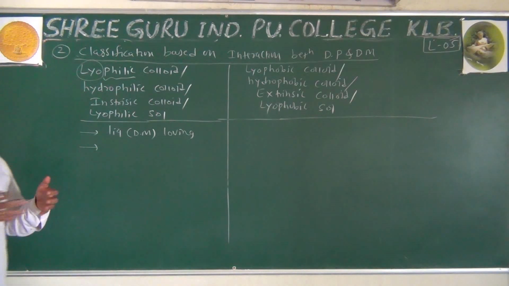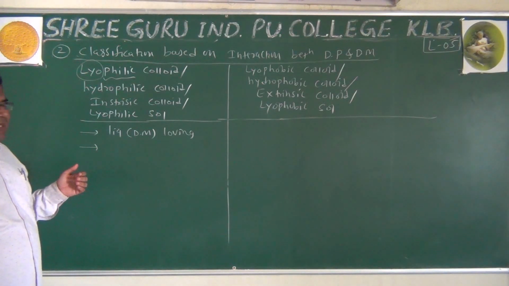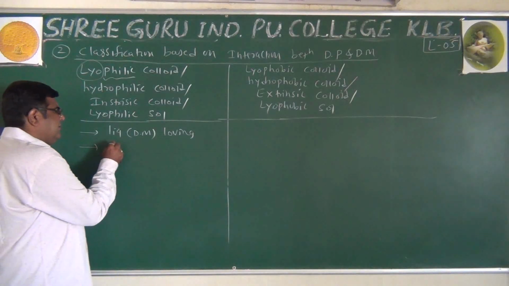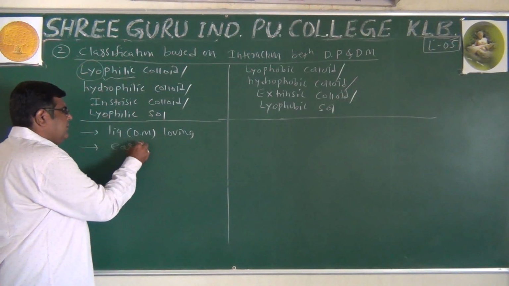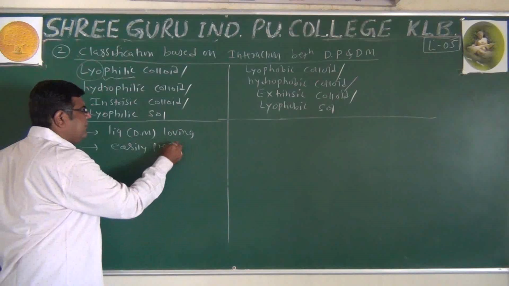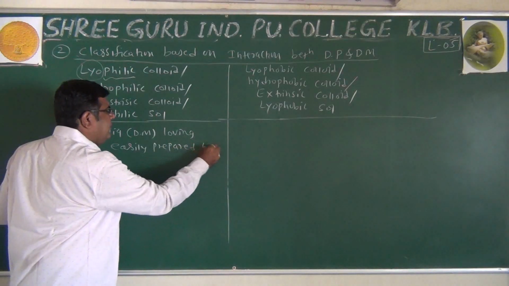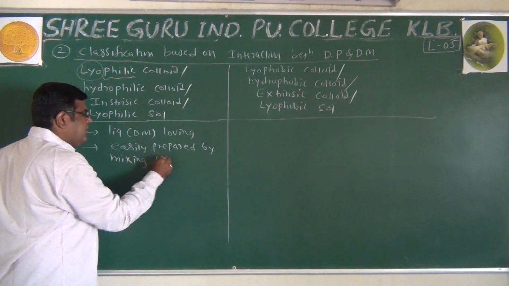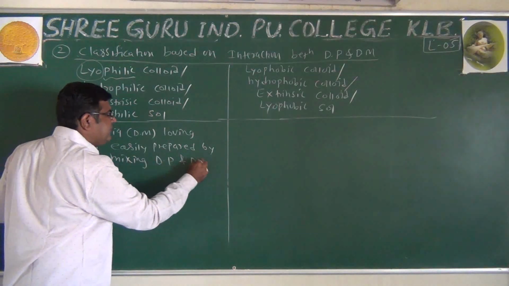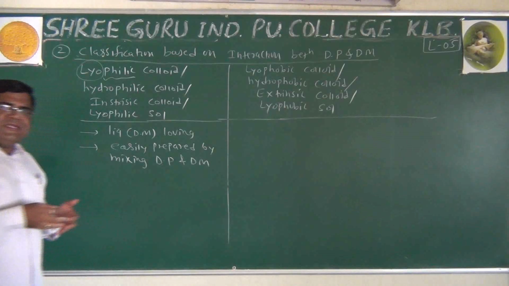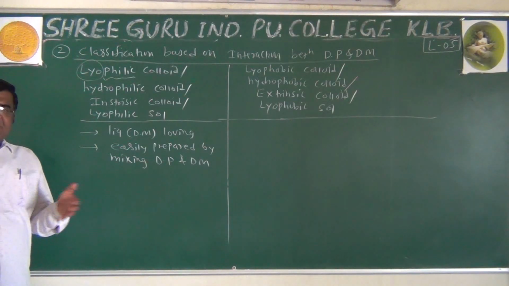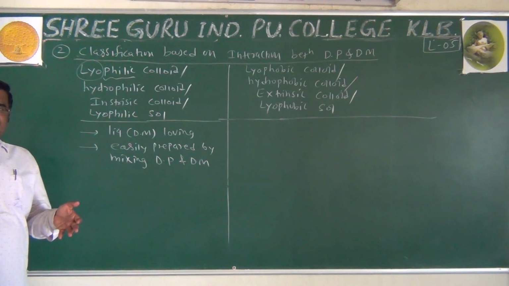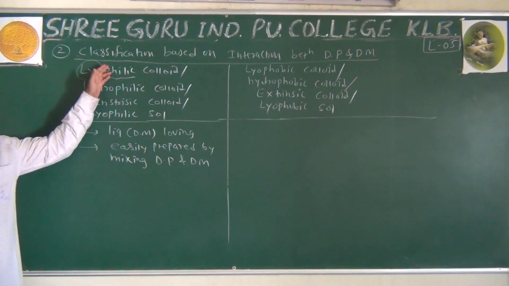As DP and DM have attraction, we can say that they are easily prepared by mixing dispersed phase and dispersion medium. Because they have attraction, DP just has to be made in contact with DM, and we get this type of product.